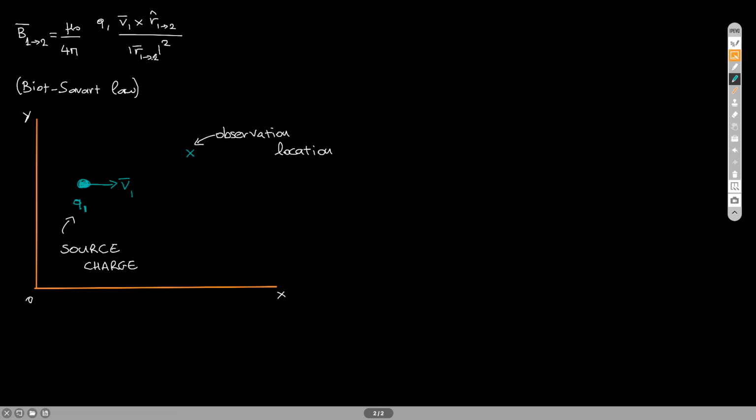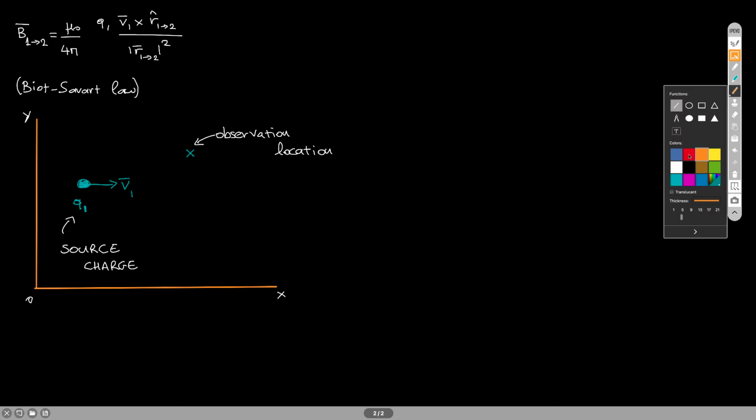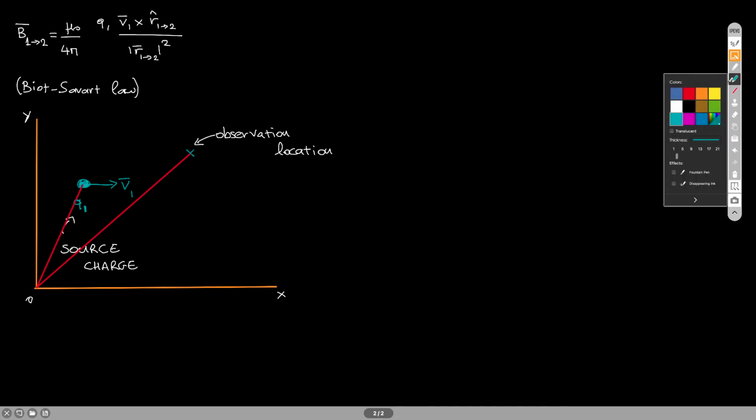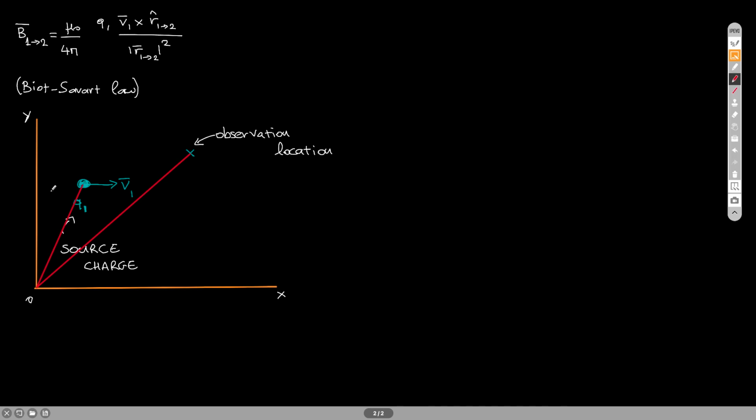Now, this gets a little bit more complicated. So let's draw this here from the origin to the location of the source charge. And these are two position vectors. I'm going to talk about them. This is the vector R1 and this is the vector R2.